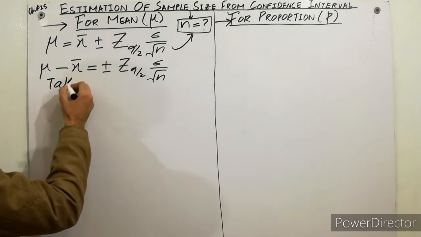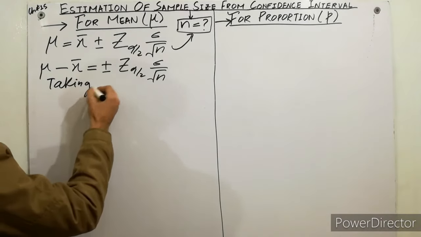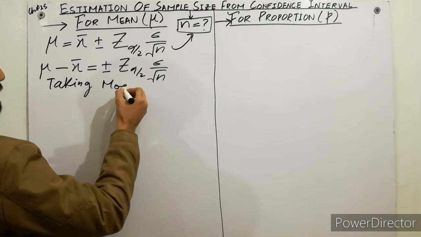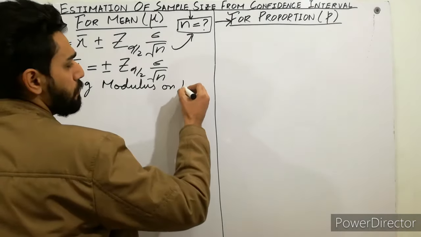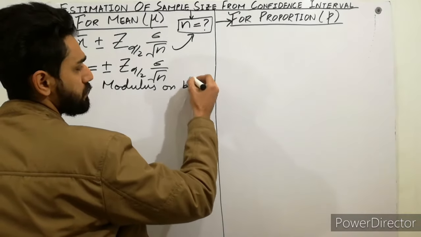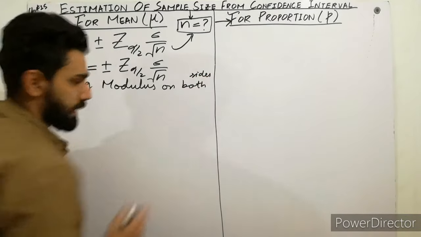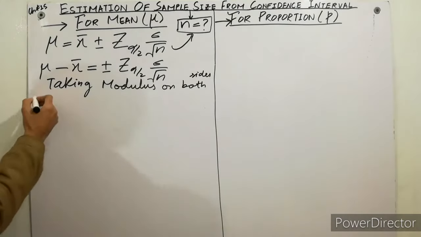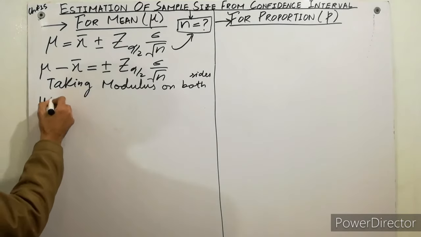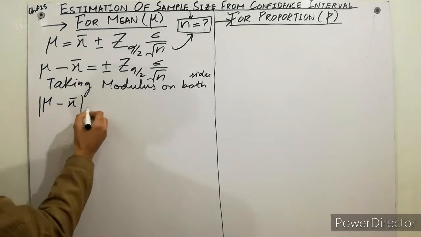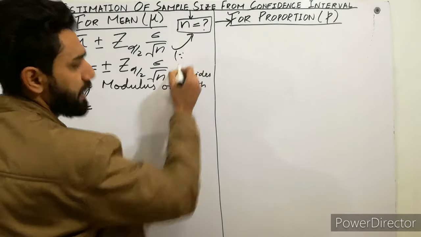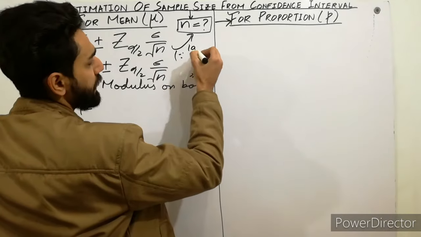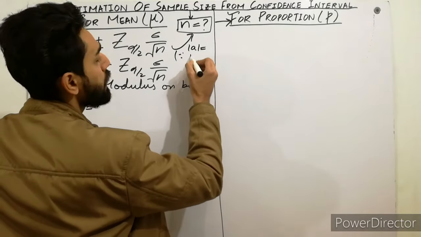Taking modulus on both sides. First of all, I write here modulus of mu minus x bar. That's clear. Now the important point: you already know that modulus of a is equal to plus minus a.